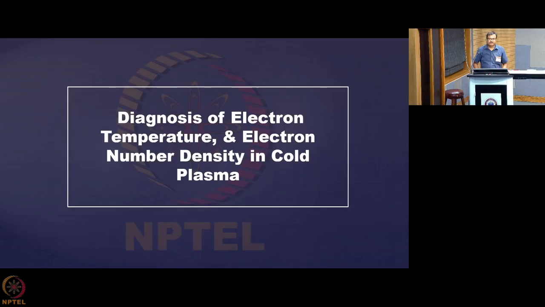Okay. So with this, I will now shift to the determination of temperature and number density in the case of cold plasma. So far what you have seen is a non-invasive technique. You are determining the temperature and number density using emission spectroscopy, and you didn't have to insert anything inside the plasma like any probe, because it was not possible; the moment you put it inside, it will be ablated.